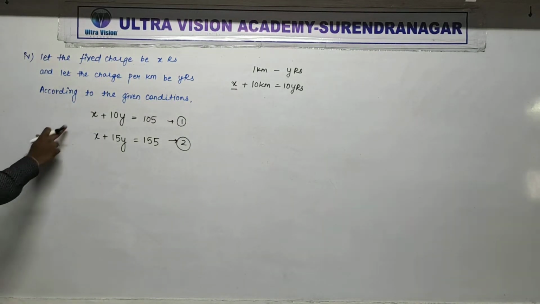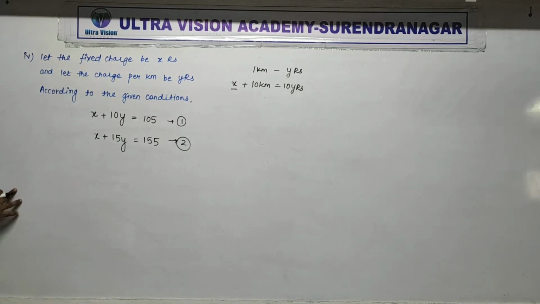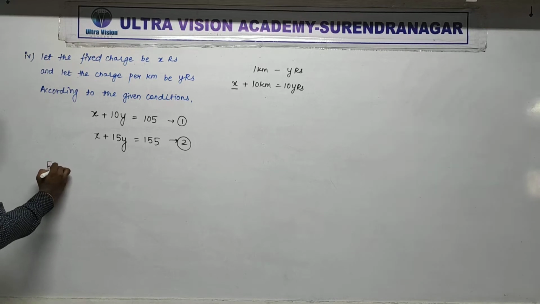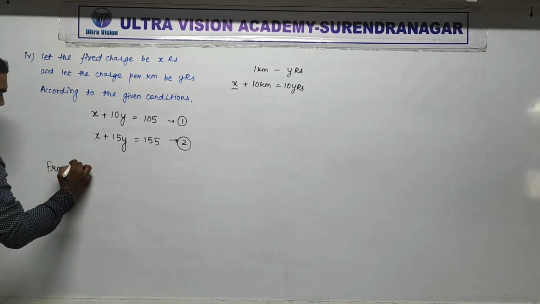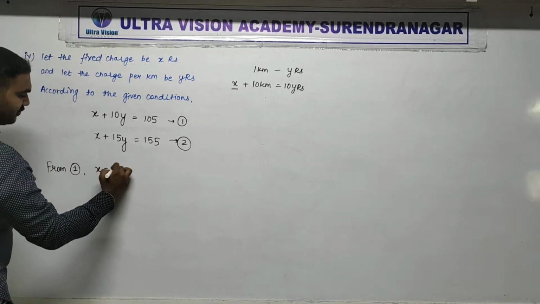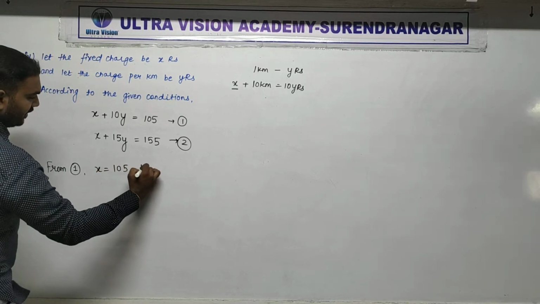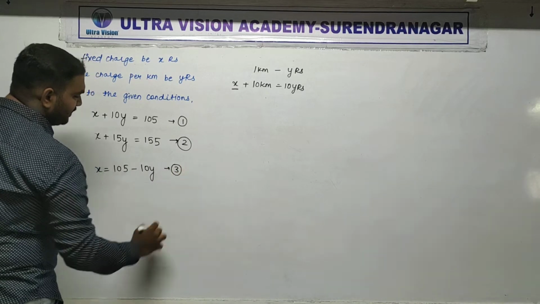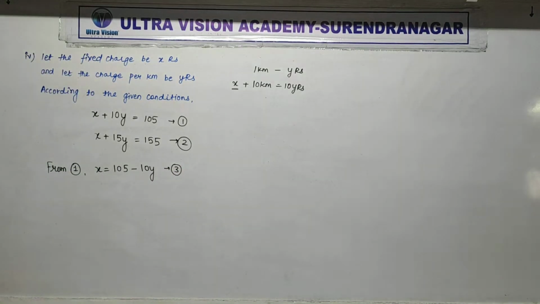Let us solve them. You can see in both the equations we have x with coefficient 1. So you can take any of the equations and start. Let us take the first equation. x equals 105 minus 10y, which gives me the third result.